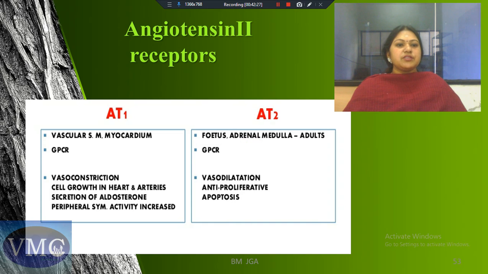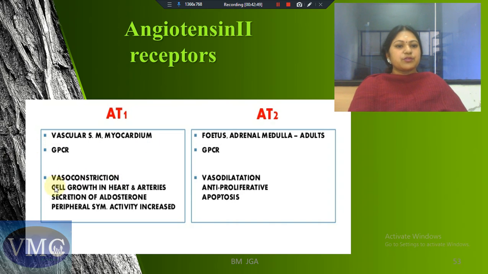Now we come to angiotensin 2: how does it act? It goes and acts on receptors, and the results depend on which receptors. It has two receptors, AT1 and AT2. Most of the effect of angiotensin 2 is exerted through the AT1 receptor.